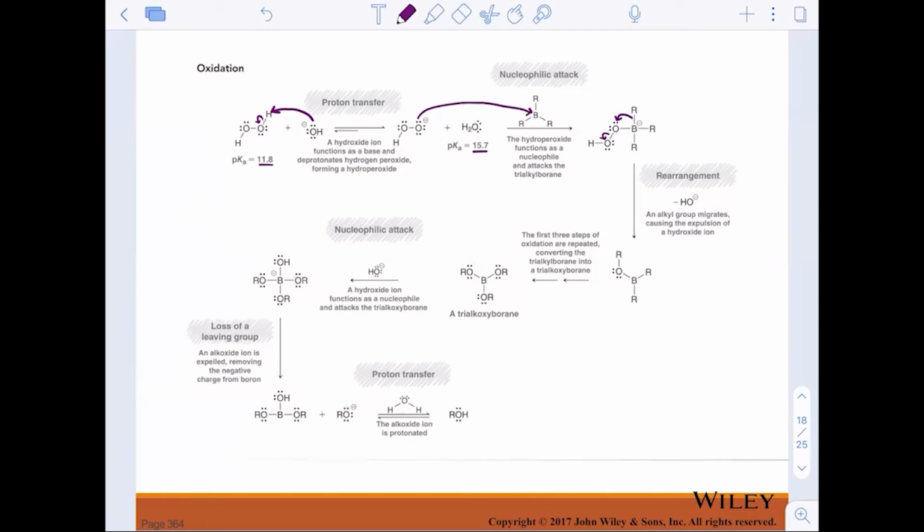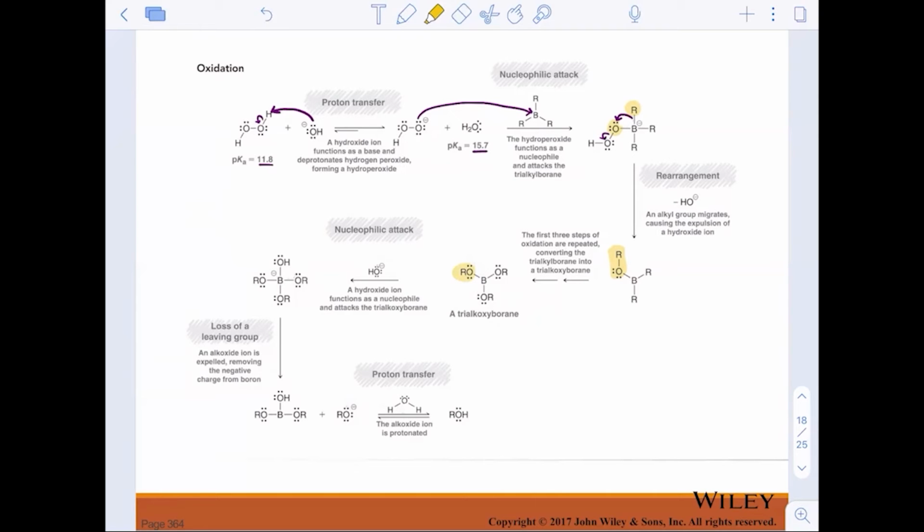And this is the oxygen that will be the resulting OH group on our alkyl product. So I'm just going to highlight this guy right here, right? It's this R group attaching to that oxygen. We do it 3 times so that all of those R groups get oxygens.